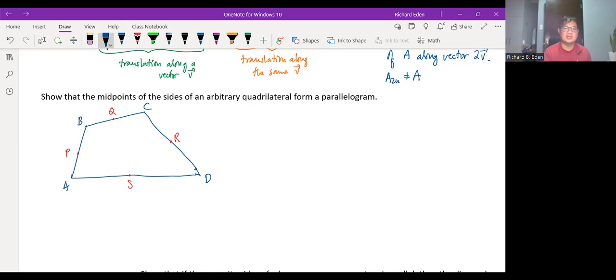Okay. But so starting from A, when we do a half turns with respect to P, Q, R, S. Well, if you do 4 half turns, what's the result?